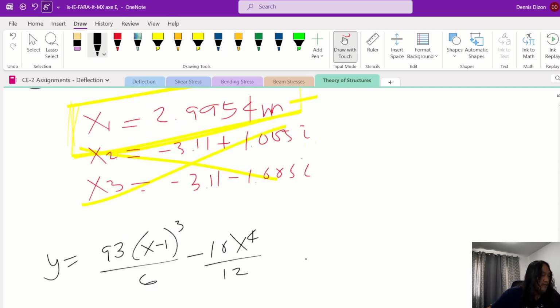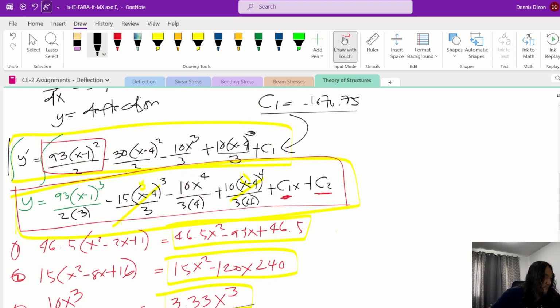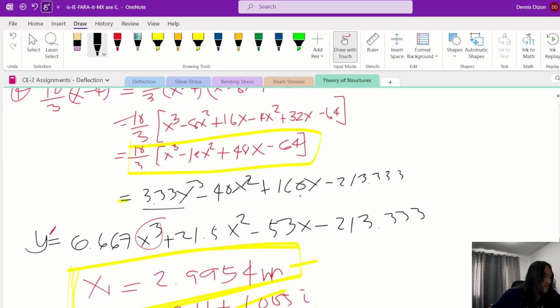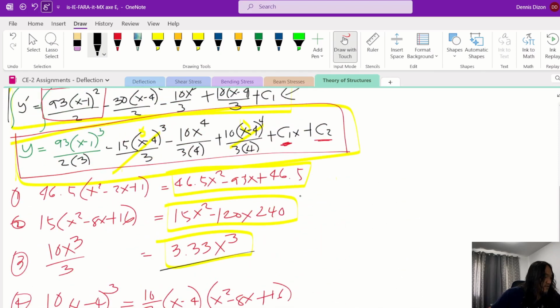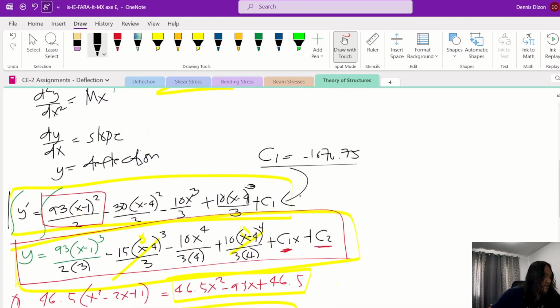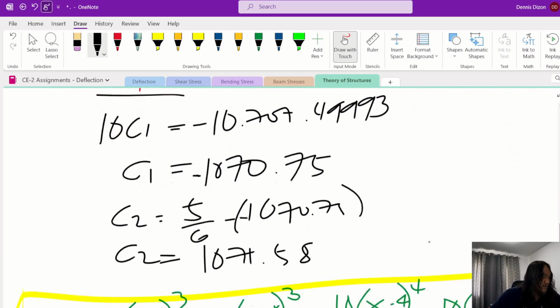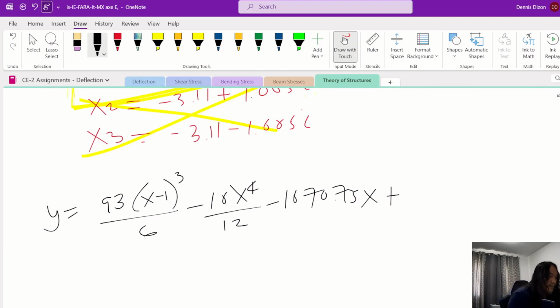And then C1x, so C1 is how much? 1070.75, so minus 1070.75 times x, and then plus C2. C2 is 1071.58.